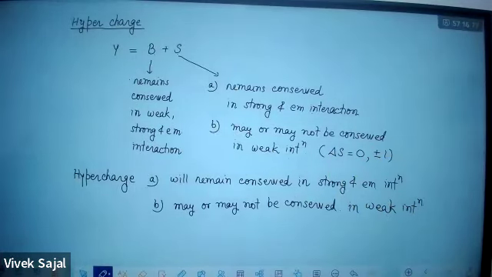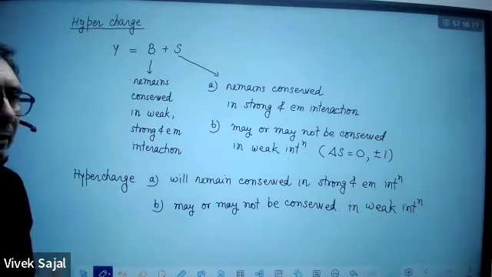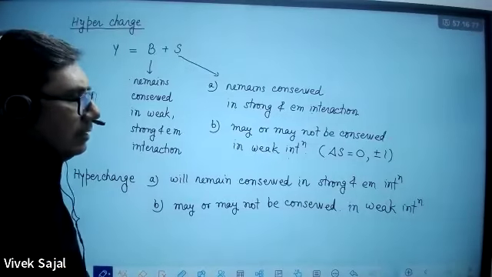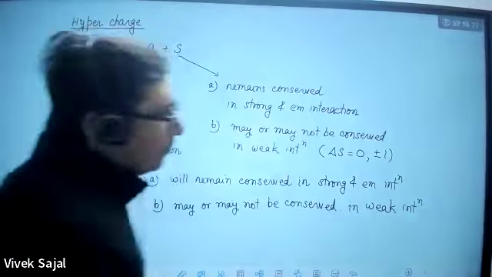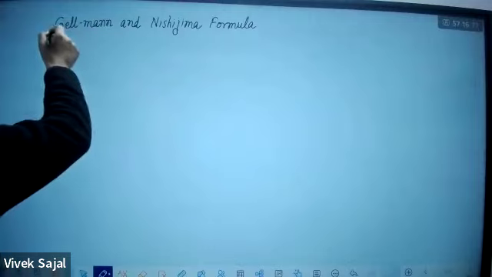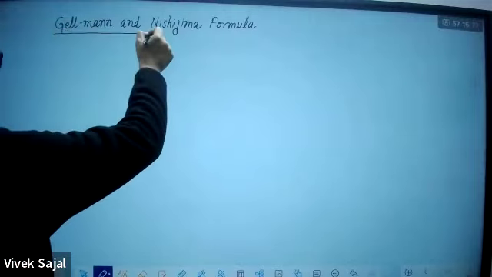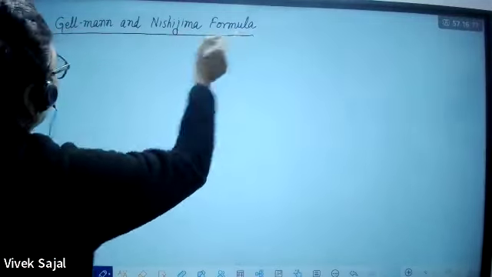Next is Gellmann and Nishijima formula. So basically Gellmann connected a charge on a particle with I3. So basically what this formula is saying, for particles, there are two formulas.